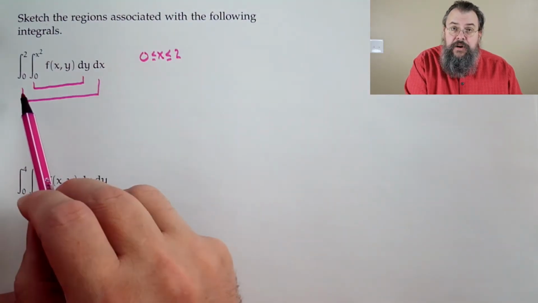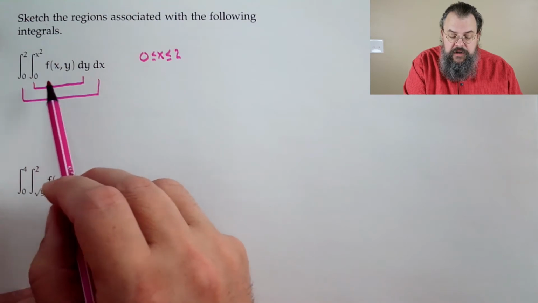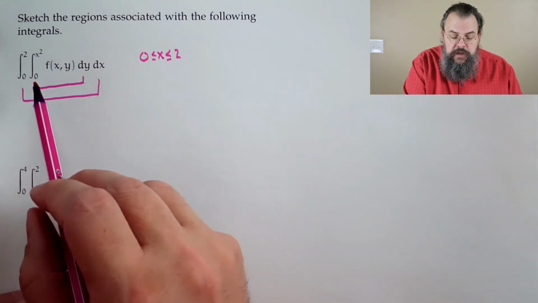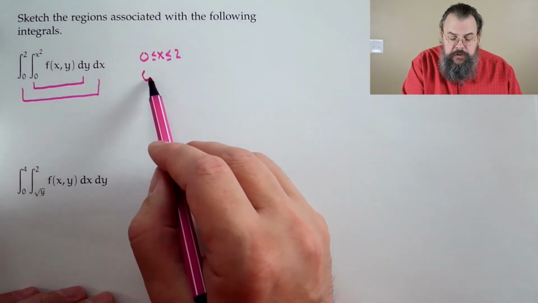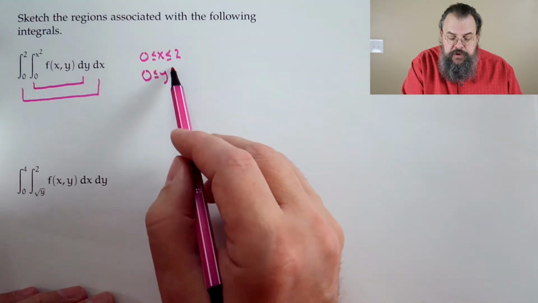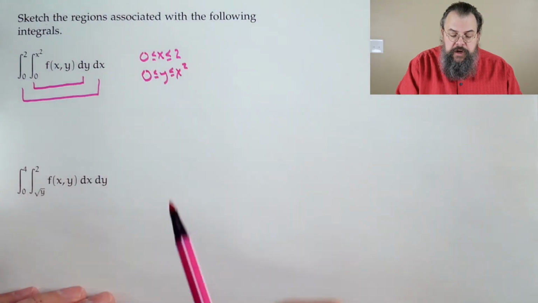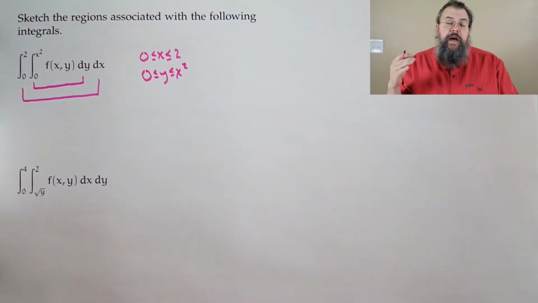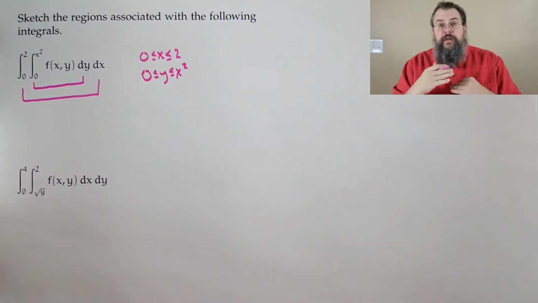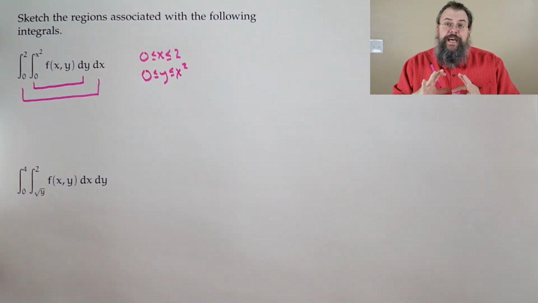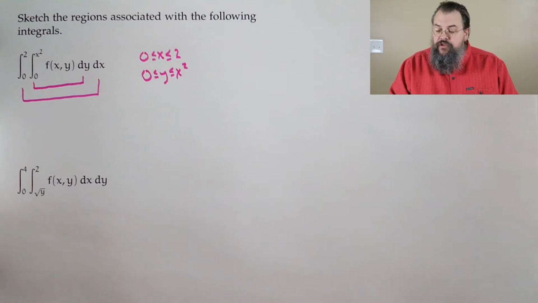That's what the outer integral tells us. The inner integral, that's a y, and that tells us we go from y equals 0 up to y equals x squared. So from the bounds, we get a series of inequalities.